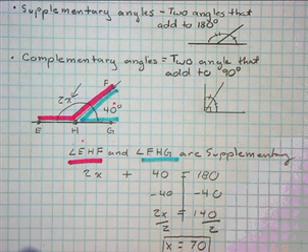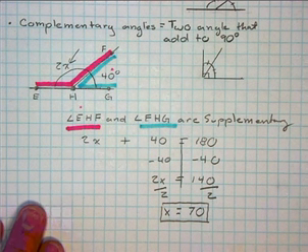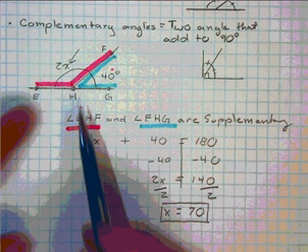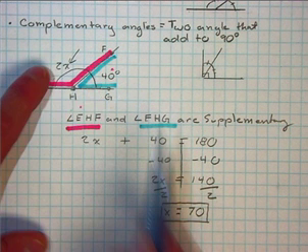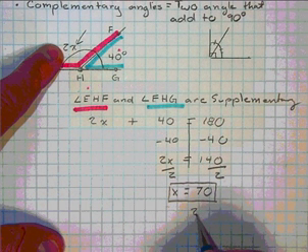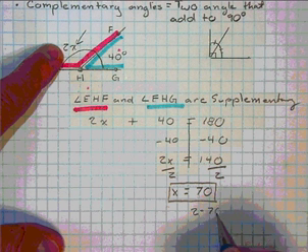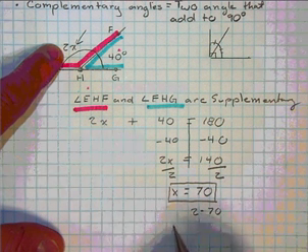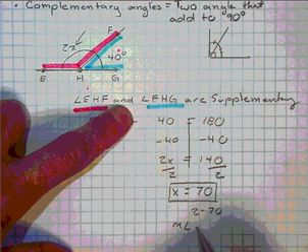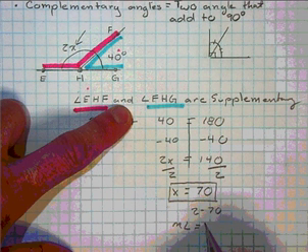So in this case, the value of x is 70. This measure is not 70, x is 70. So to find the measure, it'll be 2 times x. So the actual measure of the angle is 140.